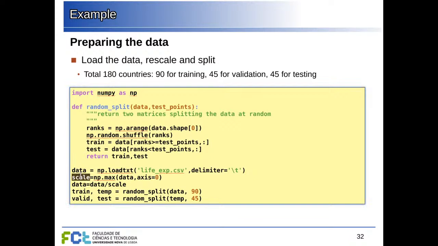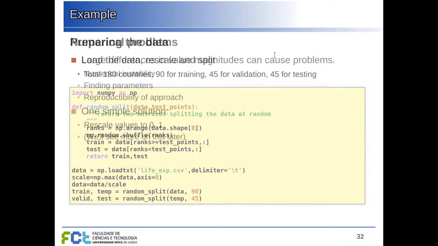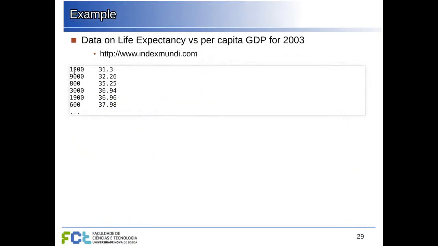A vector is only unidimensional, but it's also 2 because this vector has two values. So what this operation will do is to divide each row element-wise by the two values that we are giving. So this value will be divided by the maximum of GDP, this one by the maximum life expectancy, and then it will repeat this for every row. This one by the maximum GDP, this one by the maximum life expectancy, and so on.